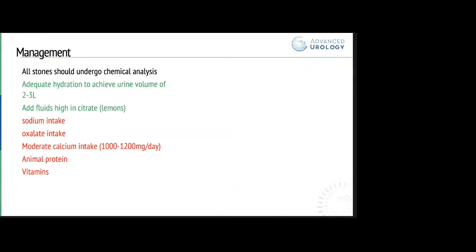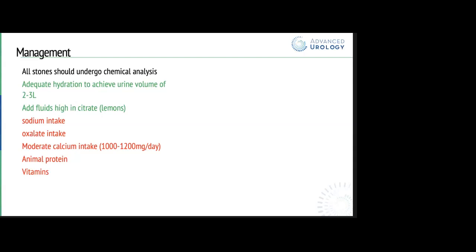So in terms of management after you capture the stone, all patients should have their stones undergo chemical analysis, because even if the stone shows calcium oxalate, many different metabolic abnormalities lead to the same result of calcium oxalate. So it's important to assess and see what the abnormality is.